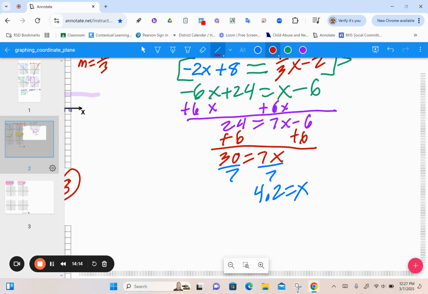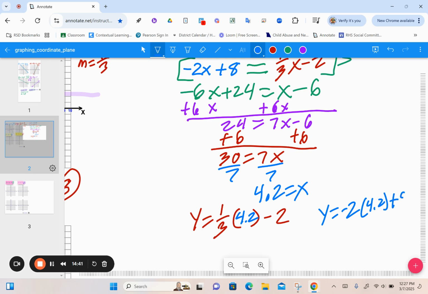So in our red equation, I got y equals 1/3 x minus 2. So I can just put in the 4.2 if I want. I can also do that on the blue equation, y equals -2 times the 4.2 plus 8. Let me grab a calculator.